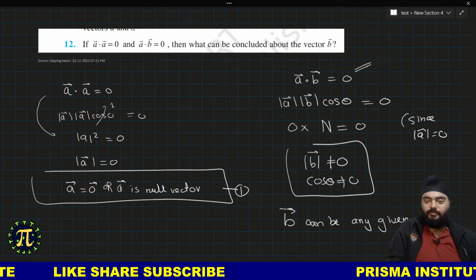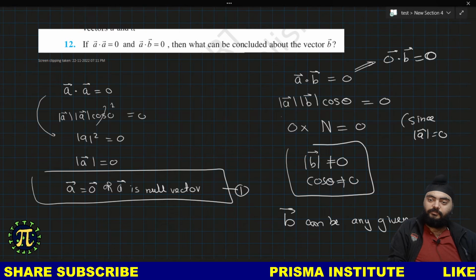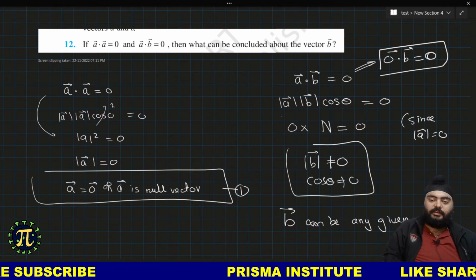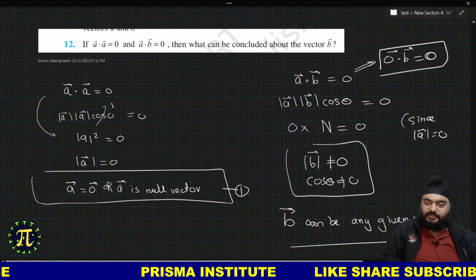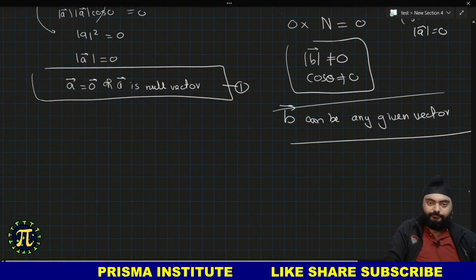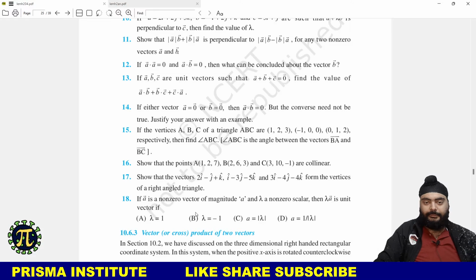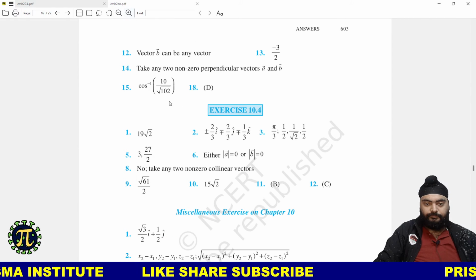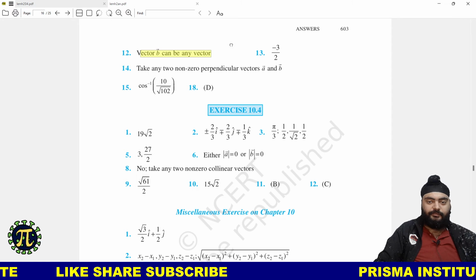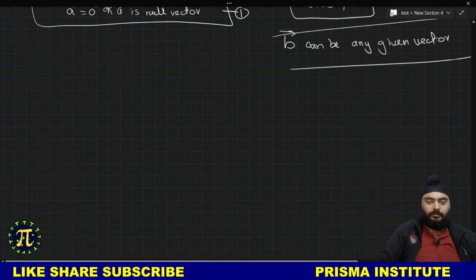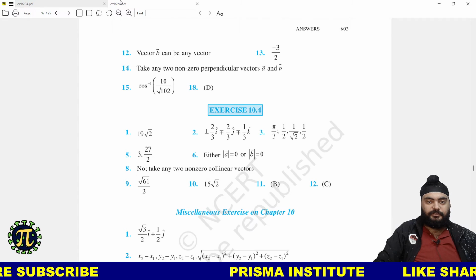You can read it from here also, null vector into b vector is going to give you 0, right? So b vector can be any given vector, but it is not necessary that it will also be a null vector or that the angle between them will be 90, that is not necessary. So let's see, b vector can be any vector, right? Let's continue and see next question.